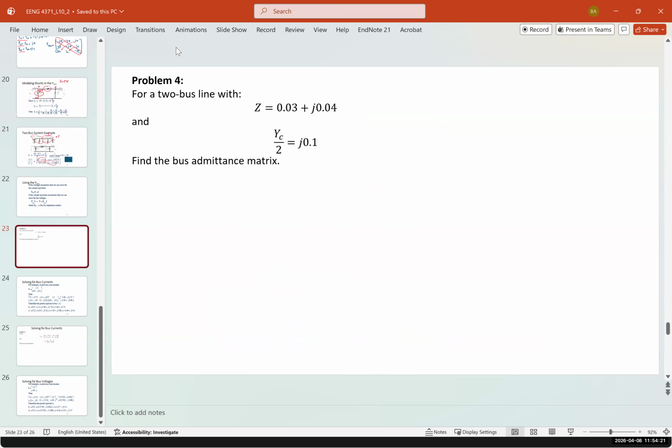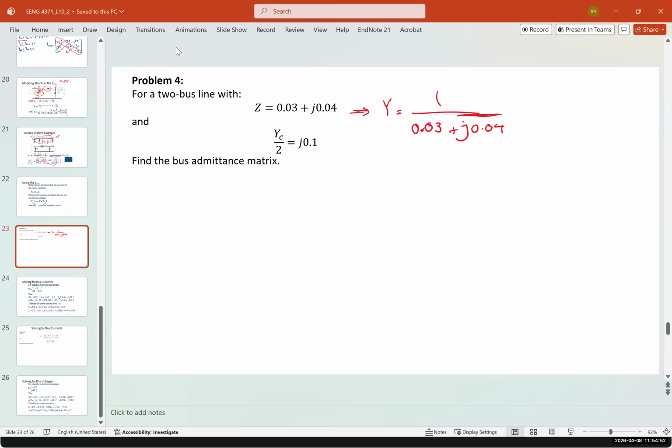Now I want to solve this and reach the conclusion that we had in the previous example. So Z, as mentioned, is 0.03 plus j0.04. Therefore, if I want to find its admittance, Y, it's going to be 1 over 0.03 plus j0.04.